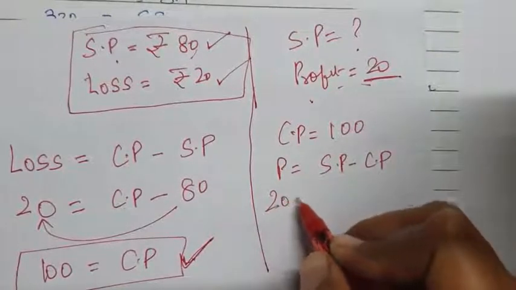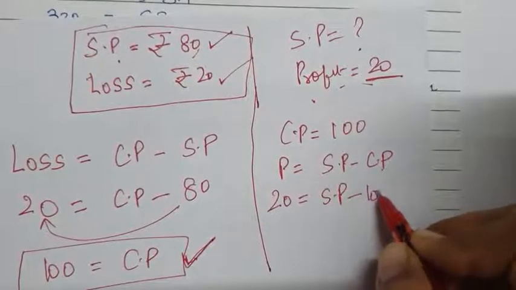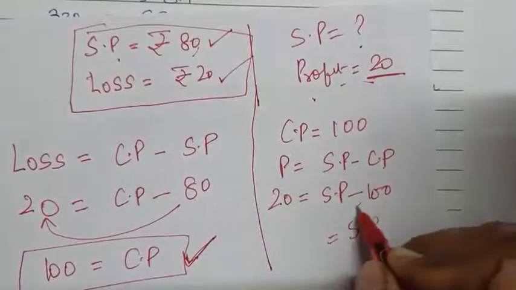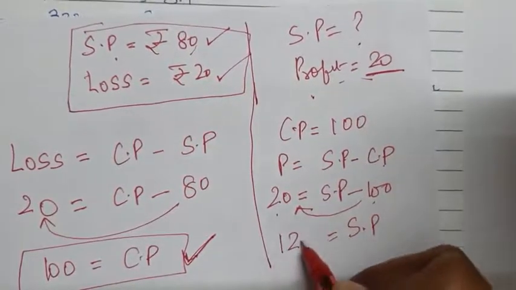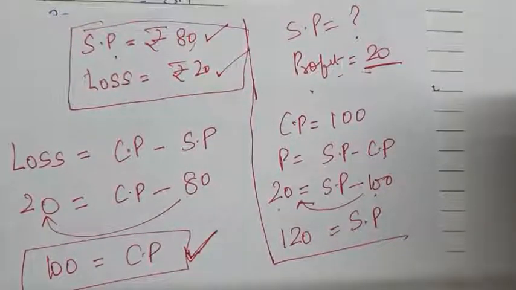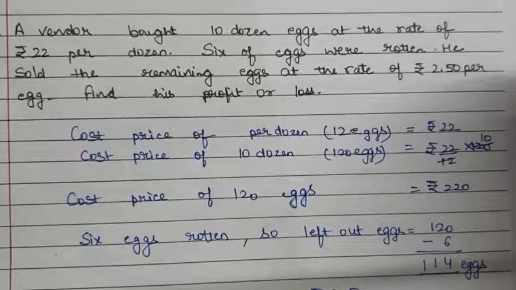This is 20. This we don't know. Cost price is 100. So what will be the selling price? Shift to that side. 20 plus 100, that is 120 rupees. Clear? Now children, let us discuss the third question.